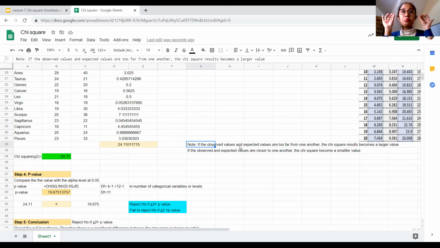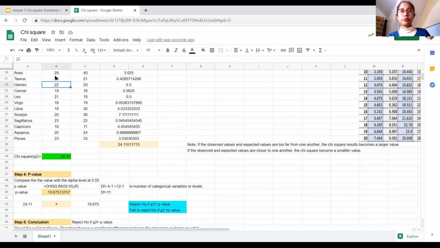Pag masyadong magkalayo ang values ng observed at expected, like 29 at 40, pag palayo ng palayo, mas lumalaki yung chi-square value natin kasi ina-add natin, di ba? So, pag mas magkalapit yung value, ito ang layo, 7, yung naging result, 3.